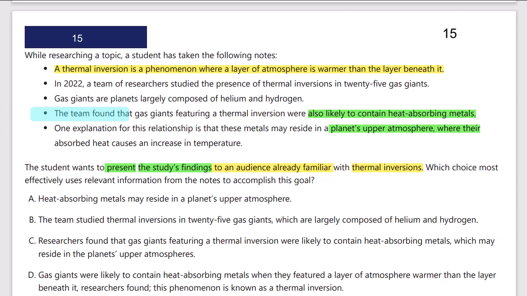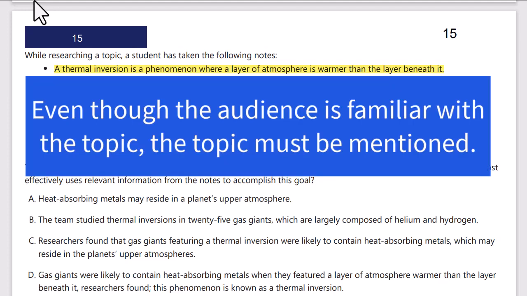A, heat-absorbing metals may reside in a planet's upper atmosphere. It actually doesn't connect the ideas right. It doesn't say the heat-absorbing metals are likely to be there for a thermal inversion, which is the topic of the study. So that's missing there. It's actually not a correct or full indication of the findings, and it says nothing about thermal inversions.